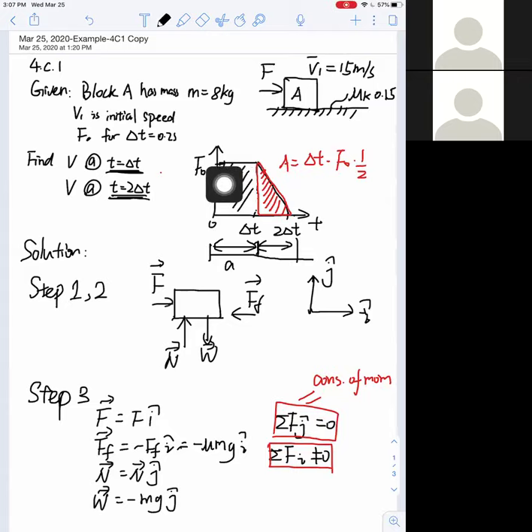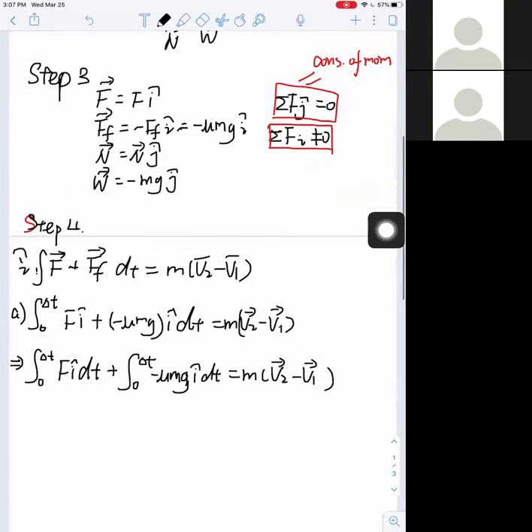So the integral of that simply means the area under that curve, under that constant line. So this will give you a rectangular shape. The area of that is F0 times delta t. So here we can write this as F0 delta t. That's the area under that curve.